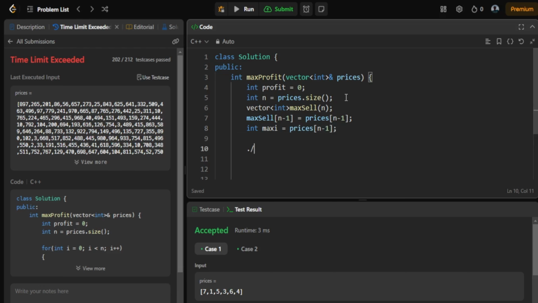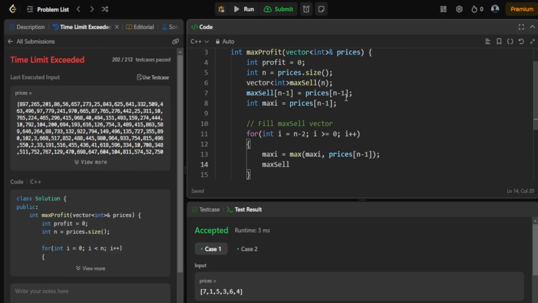Then we will fill our maximum cell vector. We will run a loop for int i equal to n minus 2, i greater than or equal to 0, i plus plus, correct? And we will do maxi is equal to maximum of maxi comma prices of n minus 1.